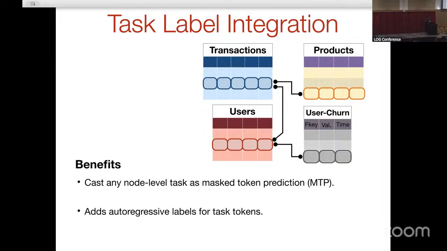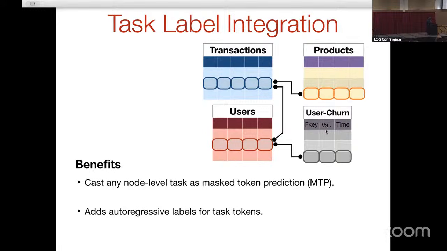The second innovation, which is important for us, is that we integrate the label, or the task, into the schema, into our modeling. Let's say that we are interested in doing user churn. We have this task table with three columns. One column is a foreign key, or the entity label.